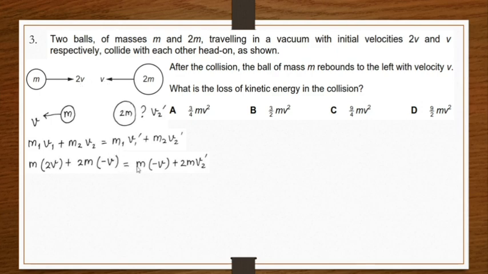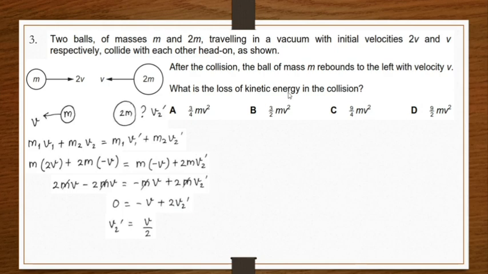It will be equal to m1, which is m, times v1 prime. v1 prime is the velocity of the first object after the collision, and it is negative v because it is bouncing back to the opposite direction. So m times negative v plus m2, which is 2m, times v2 prime, the velocity of the second object after the collision. So from here I can cross m out. Then I can find that v2 prime equals v over 2.